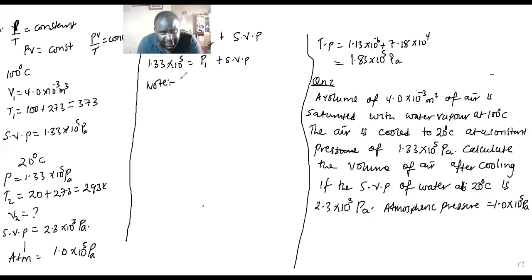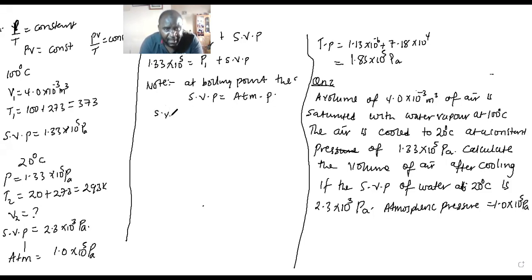I don't know whether I mentioned it earlier. At boiling point, the saturated vapor pressure is equal to the atmospheric pressure. So in case you get a boiling point of a liquid, at that instant the pressure it exhibits is supposed to be the same as the atmospheric pressure.